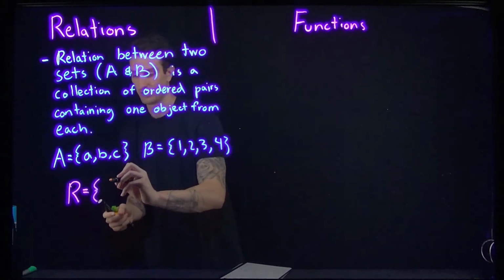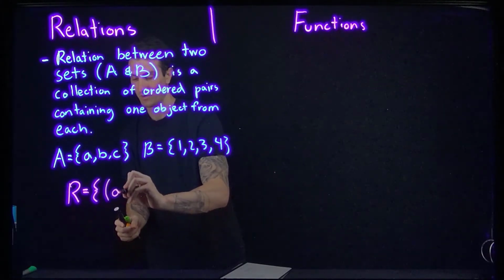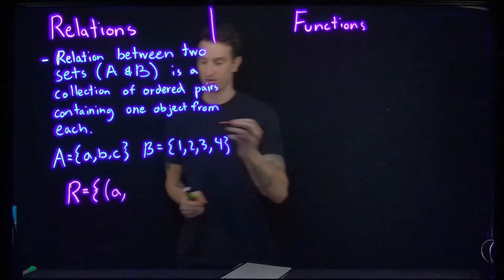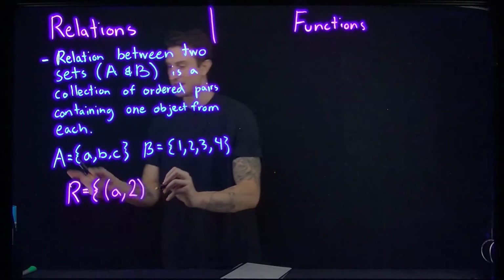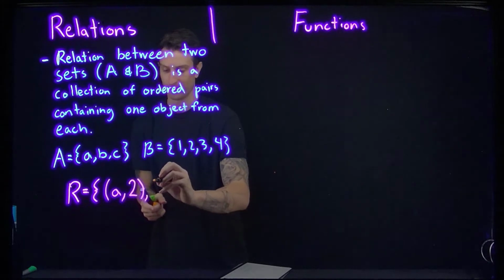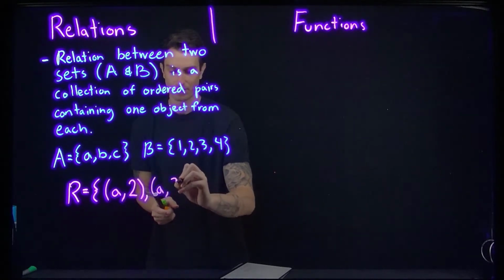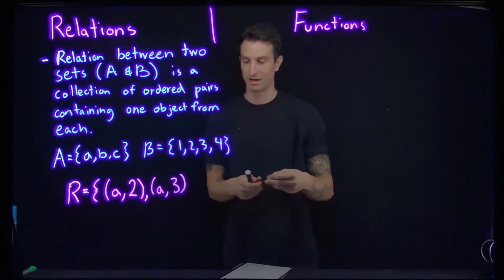So let's take one object from A, and we'll group it with one object over here with B. Let's just say 2. So this is an ordered pair. And A can go with many things here, and we'll discuss more about what is allowed in a relation, but let's say A can also go with 3. A is related to 2, A is related to 3. That's the way we want to think about that.